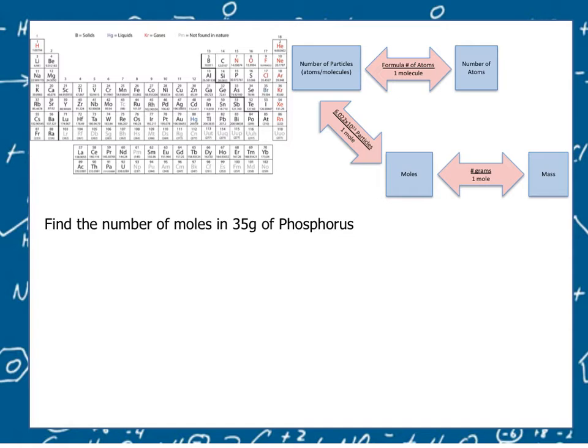So my example problem here, I gave you grams, so I've given you a mass. So we're starting here at mass, and I asked for moles. So I'm going to have to go from mass to moles. So I'm going to start my dimensional analysis problem, and if you remember this skill, we make railroad tracks.